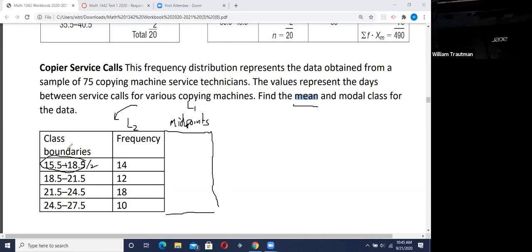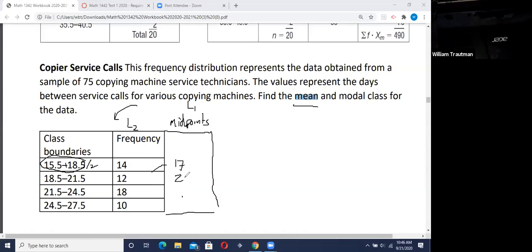15.5 plus 18.5 divided by 2. And the midpoint is 17. And then the next one, 18.5. 22, and somebody said 20.